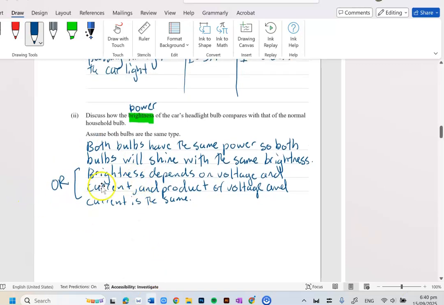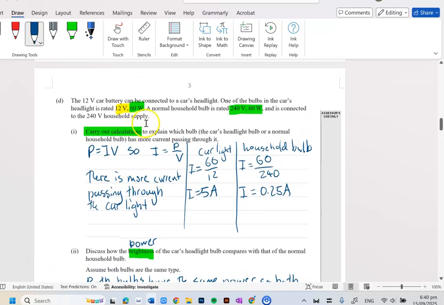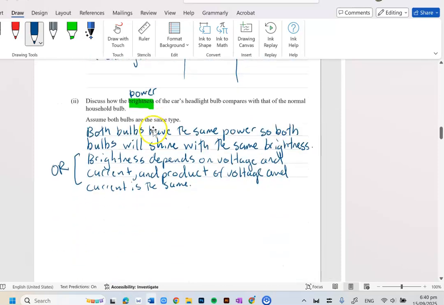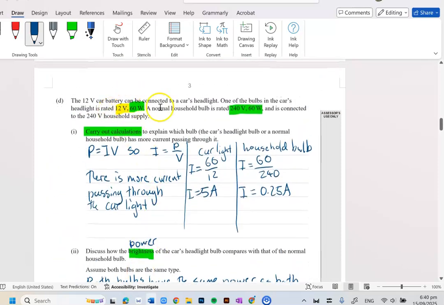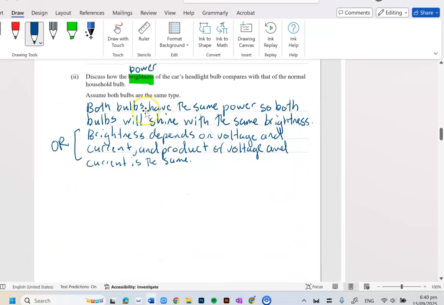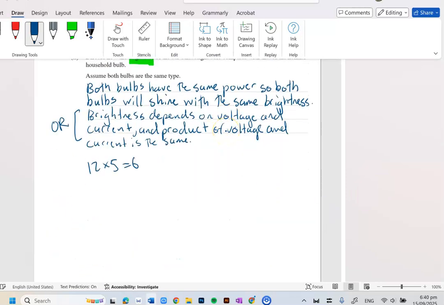I can prove this to you. So if we do the voltage times the current, so we can see that the car's voltage is 12 and the car's current is 5. That equals 60. So this is the car.